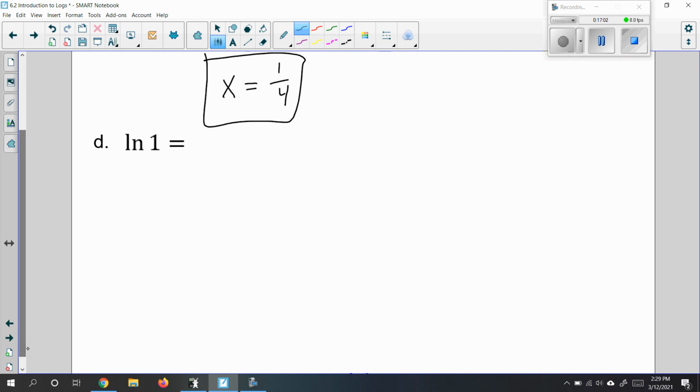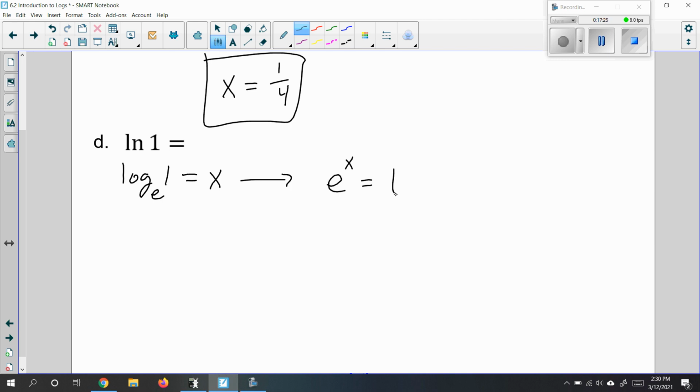Okay, let's take a look at this one. The natural log of 1. Recall that the natural log is just log base e. And let's set this equal to some unknown value. Well, I can rewrite this as e to the power of x is equal to 1. When is e to the power of x equal to 1?